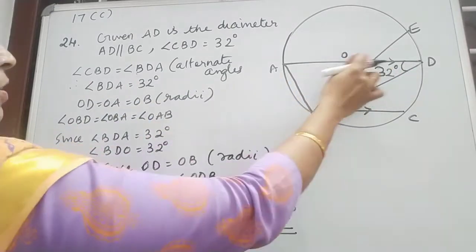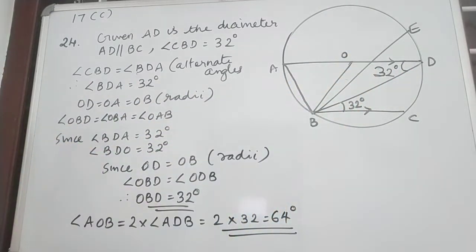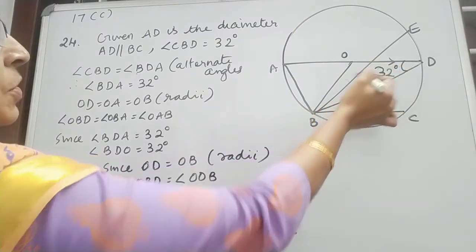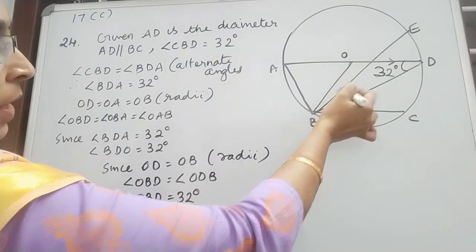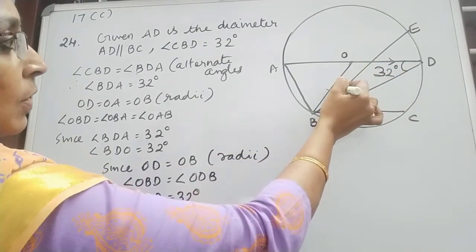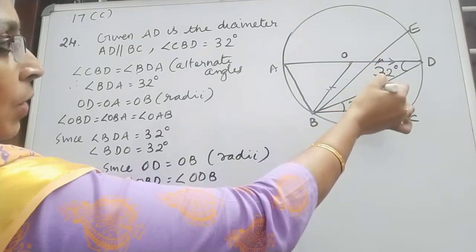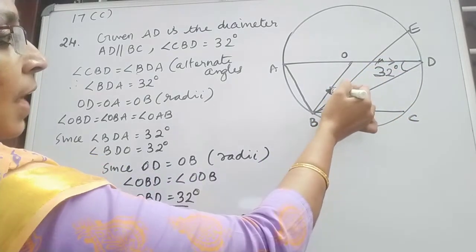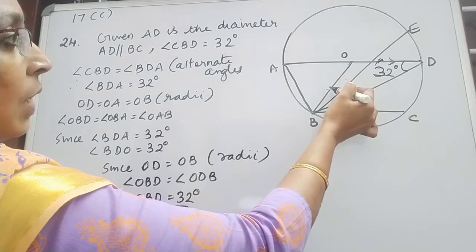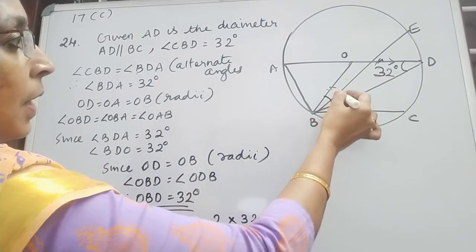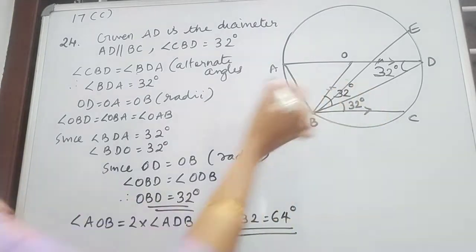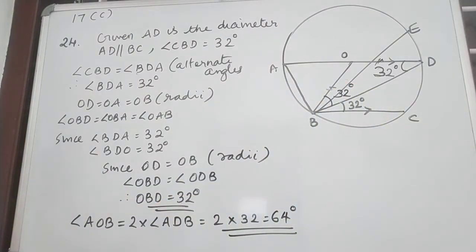OD is equal to OB, these two are the radius. So angles opposite to those sides will be equal. So this angle will be 32 degrees. So what is that angle? OBD will be 32 degrees. That is our first part. OBD is equal to 32 degrees.